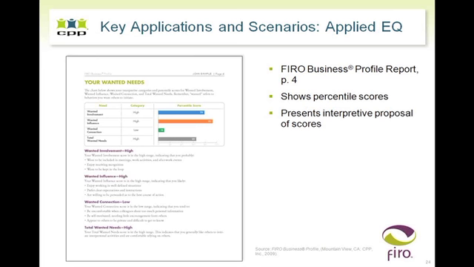And remember, FIRO Business refers to the scales as involvement, influence, and connection. And you can see that for John, his wanted involvement and wanted influence are high, and his wanted connection is low. And some interpretive proposals are presented there. And again, you can see it's really about applied emotional intelligence.